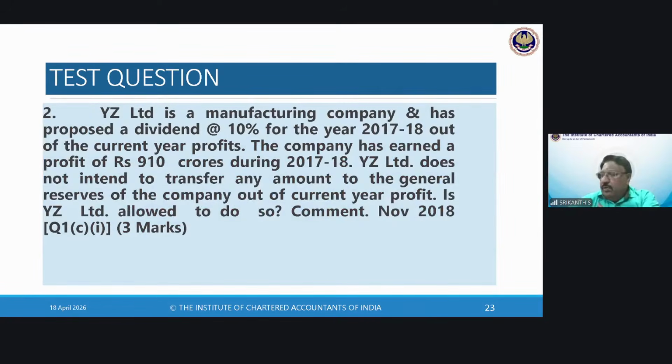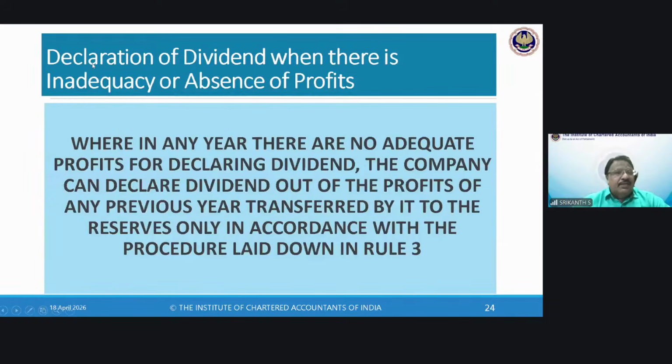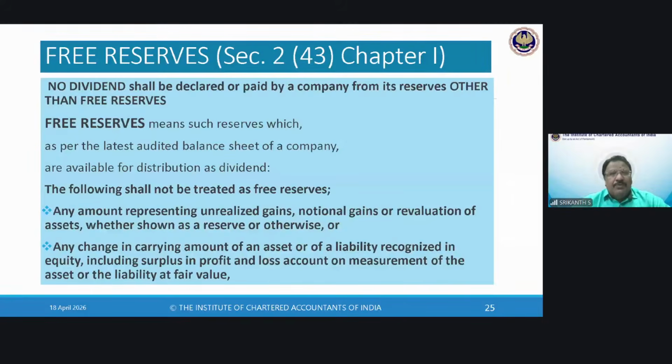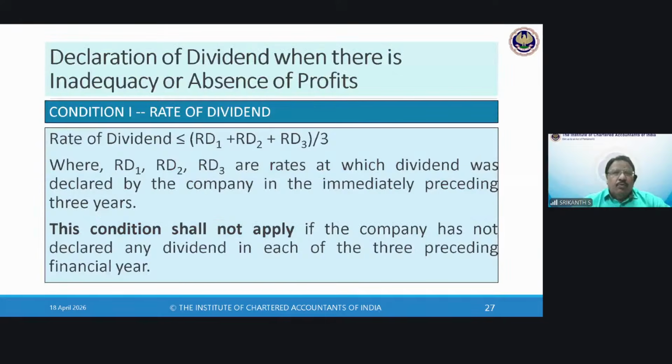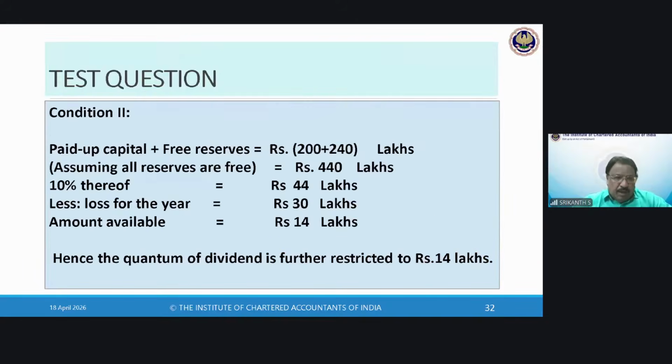Now we are going to one more topic, which is declaration of dividend when there is inadequacy or absence of profits. Right. Now, my dear friends, we stopped here. We worked out a few problems.